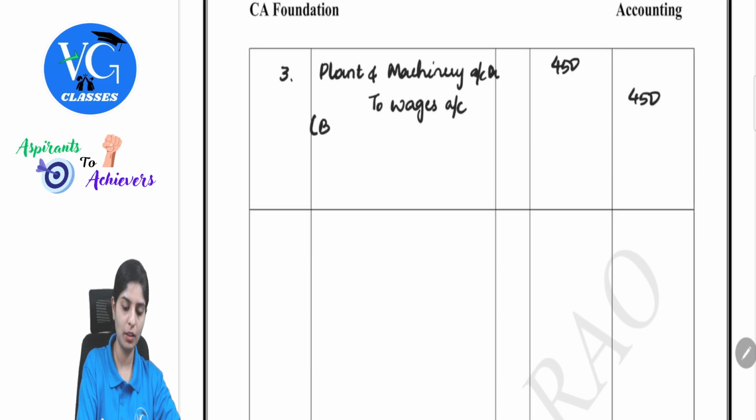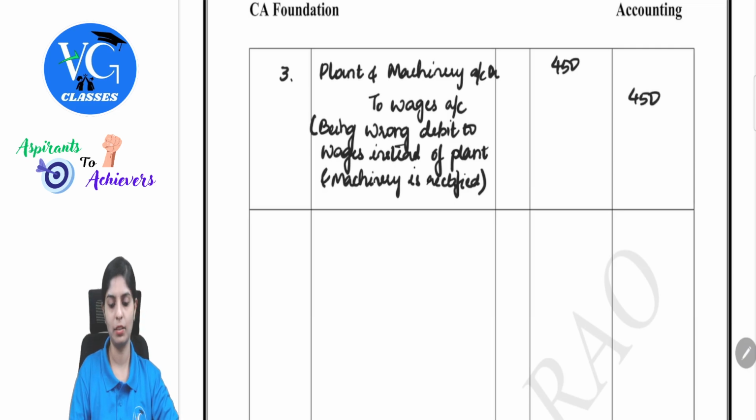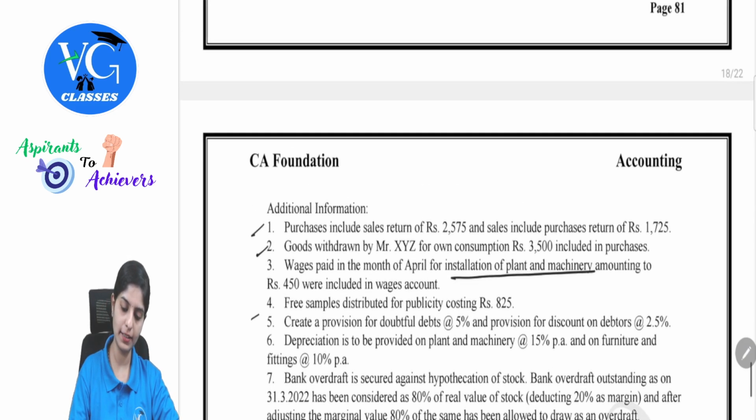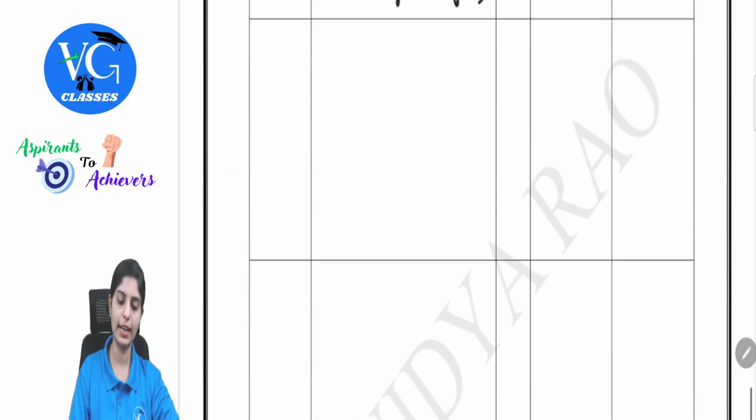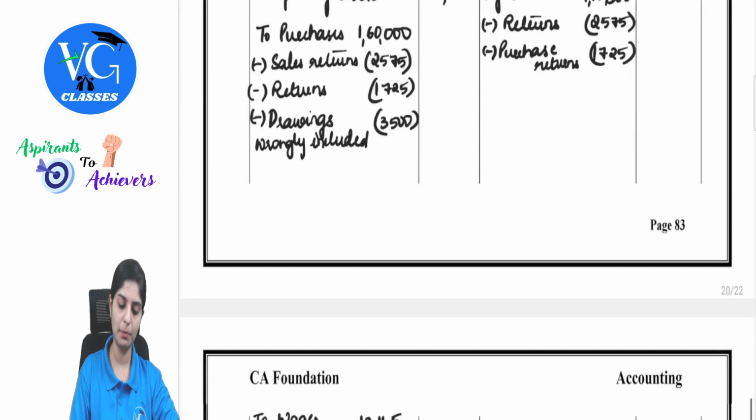450, being wrong debit to wages instead of plant and machinery is rectified. 450, right? Yes. So since the entry is being passed, we will also reflect this in the treatment.